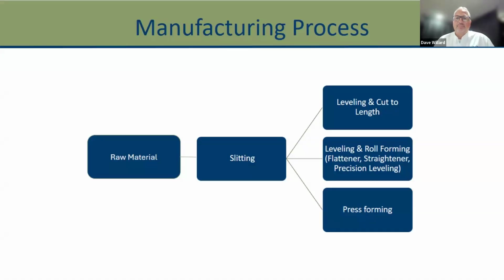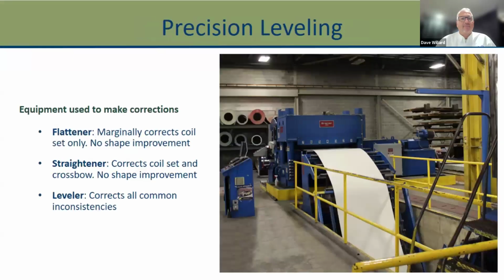Now the leveling, where it says flattening, straightening, precision leveling, that's the part that really separates on-site roll forming from factory manufacturing, because the machinery needed to flatten, straighten, and precision level is very large, very heavy, and very expensive. A lot of the on-site formers just don't have the ability or capabilities to do those things. And as we know, metal has memory, so you need to be able to level different things.